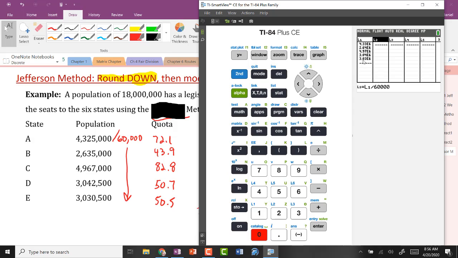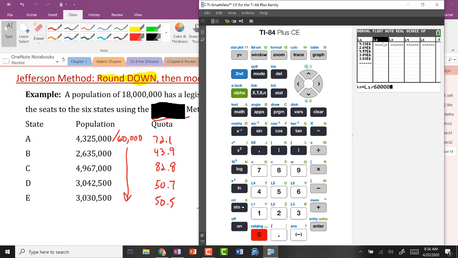You put everything in L1 and then it shows scientific notation because the numbers are large. The first one is 4,300,000. It is still 325,000, but it just shows it in rounded form when it does scientific notation.